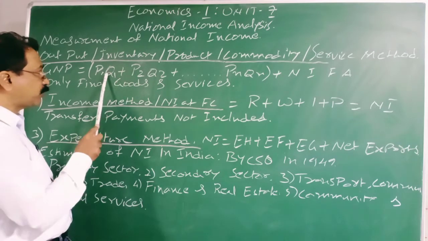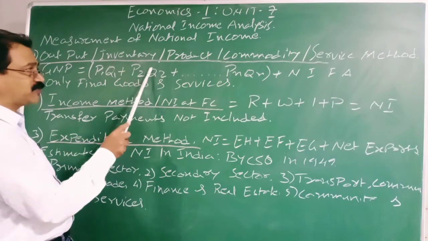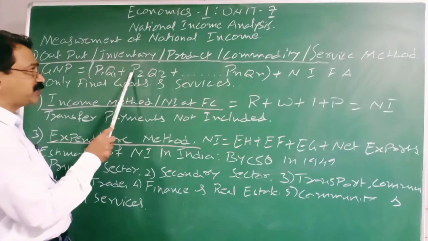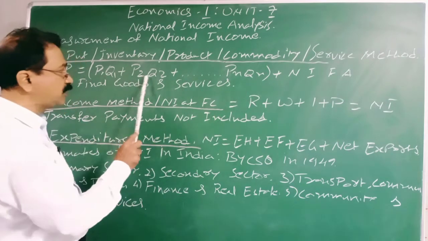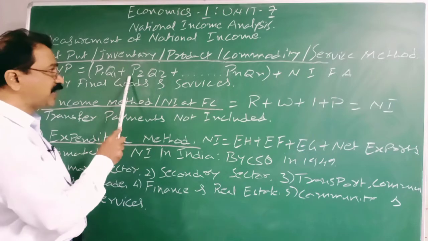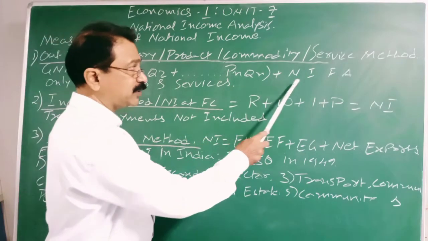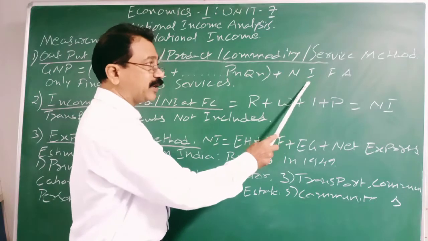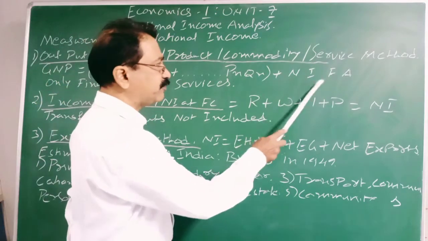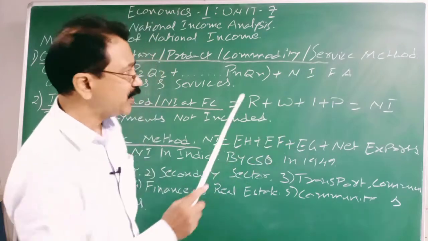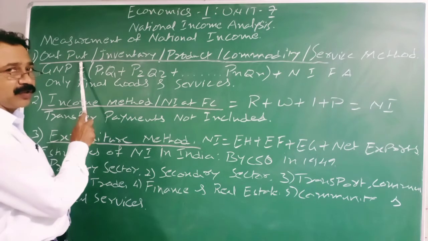Whatever the quantity of commodity, that will be multiplied by market price. Quantity of second commodity multiplied by its price. In that way, we calculate all the quantities of commodities with their prices, market values, and we add to that net income from abroad. What it is? Net income from abroad. Then you will get the total output method calculation.